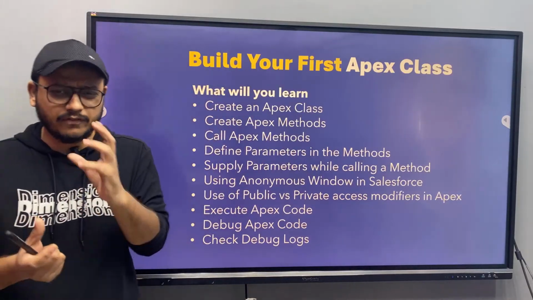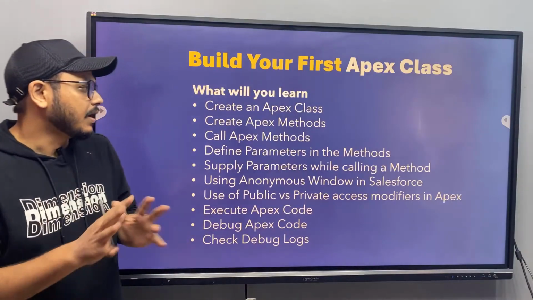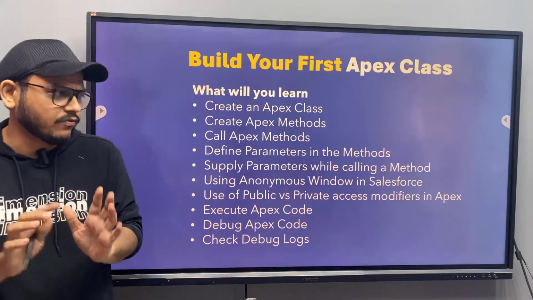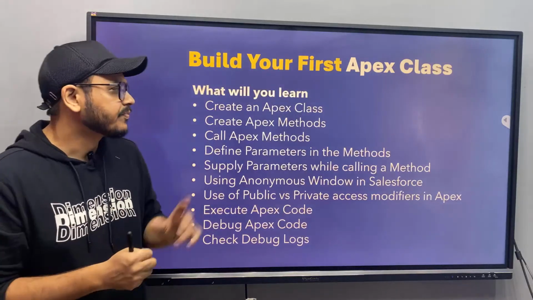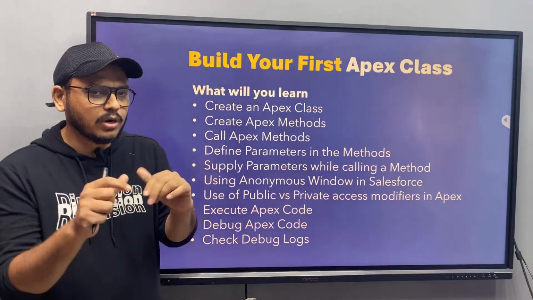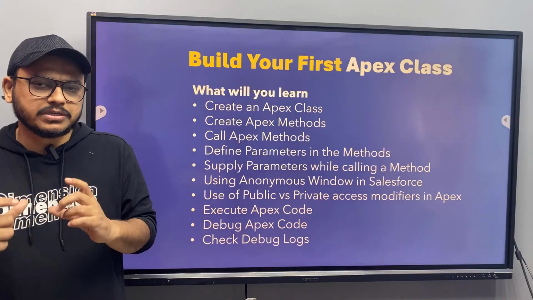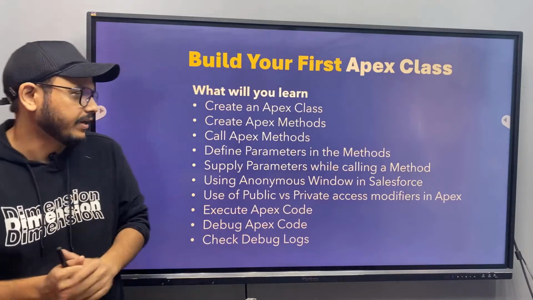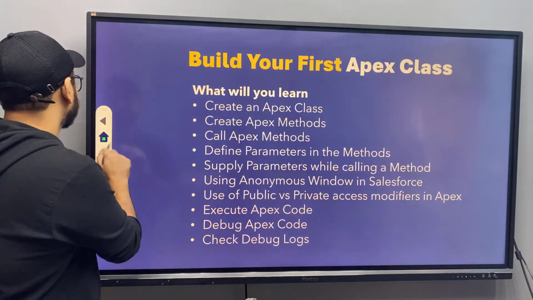All these things are very important, very basics. Before we get into the actual code part of it, I'll just tell you what we are actually going to do. What is the functionality that we are going to build, or what is the kind of code that we're going to write?